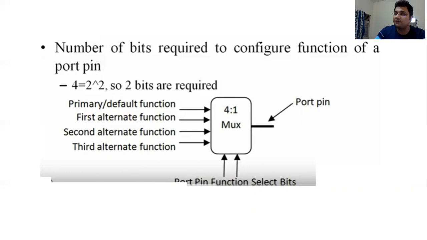What is the purpose of every pin select register? Every pin select register is related to some port number and its particular pins. To configure those particular pins, we require that pin select register. In that pin select register, corresponding to every pin, we require 2-bit positions, because to select out of these 4 functions, we require 2 bits.